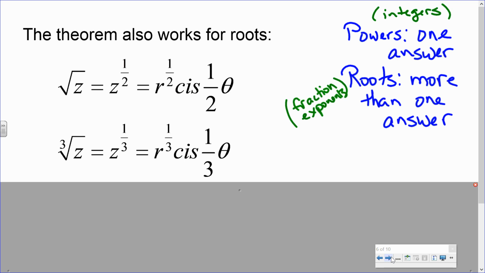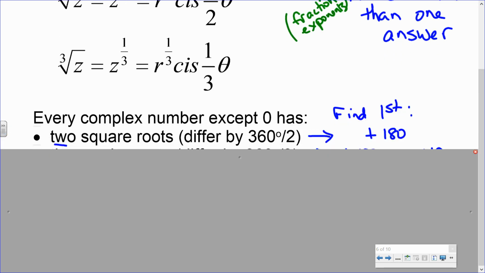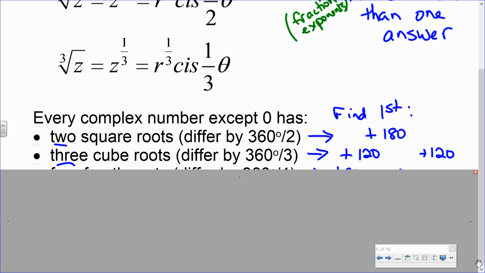The way we get these with DeMoivre's is we are going to get the first one, and if they are square roots, they're going to be half a circle apart, so we're going to add 180 degrees. If they are cubed roots, that means we've got 3 of them as we go around the circle once. So we need to take 360 divided by 3 to get 120.